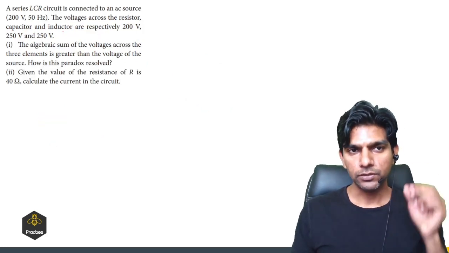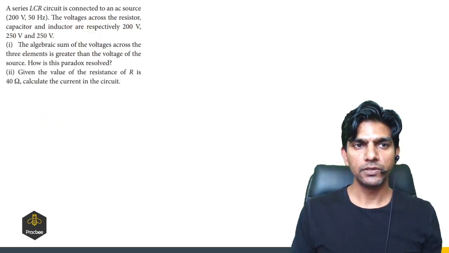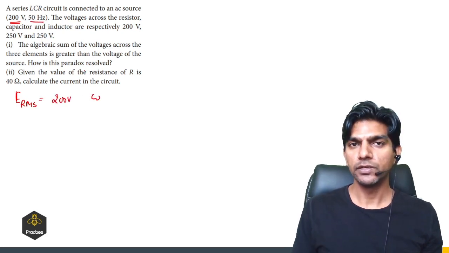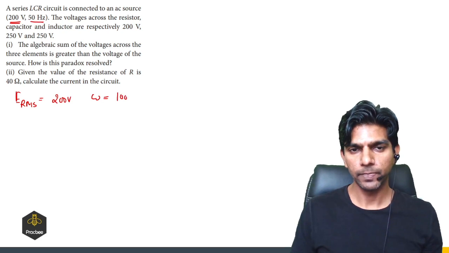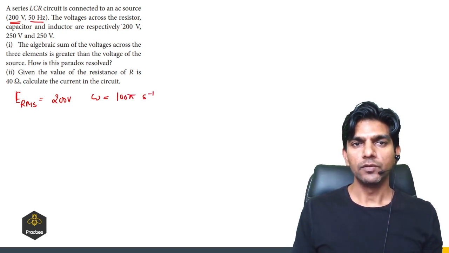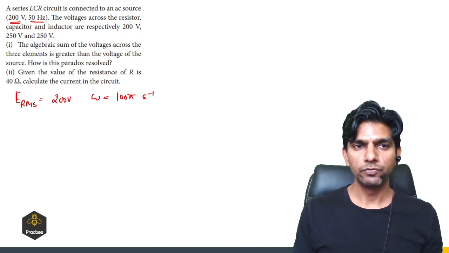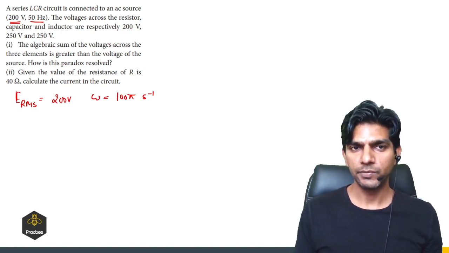Let us take another question. A series LCR circuit is given where the EMF of the source is 200 volts, so E RMS is 200 volts, and frequency is 50 hertz. So omega will be 100 pi second inverse. The voltages across the resistor, capacitor and inductor are respectively 200, 250 and 250. All these values are RMS values.